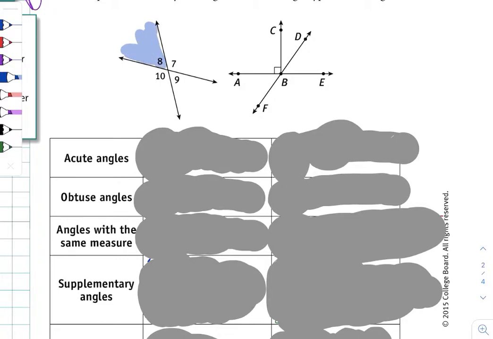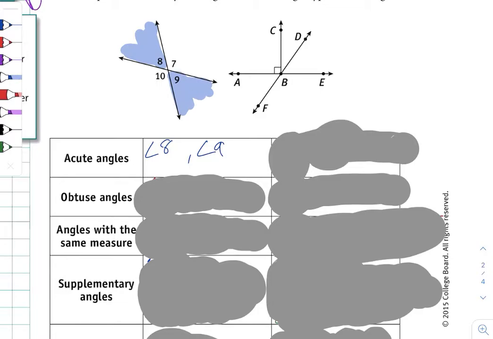So here it looks like angle 8 and angle 9 are acute angles because they're definitely going to be less than 90. And then obtuse angles are going to be 7 and 10 because they look like they're bigger than 90.